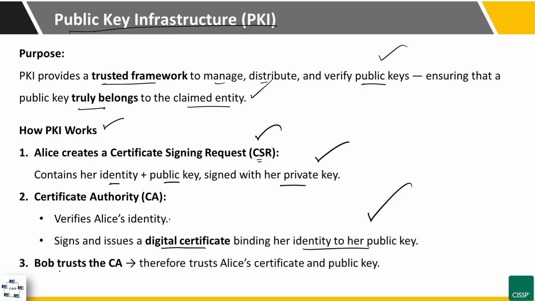And now, finally, Bob, a third party or another user, if Bob trusts the CA, it means Bob trusts Alice's certificate and public key. So this whole concept is based on the CA's trust. If the CA is trusted, so are other people, individuals, and parties that have received certificates from the same CA.